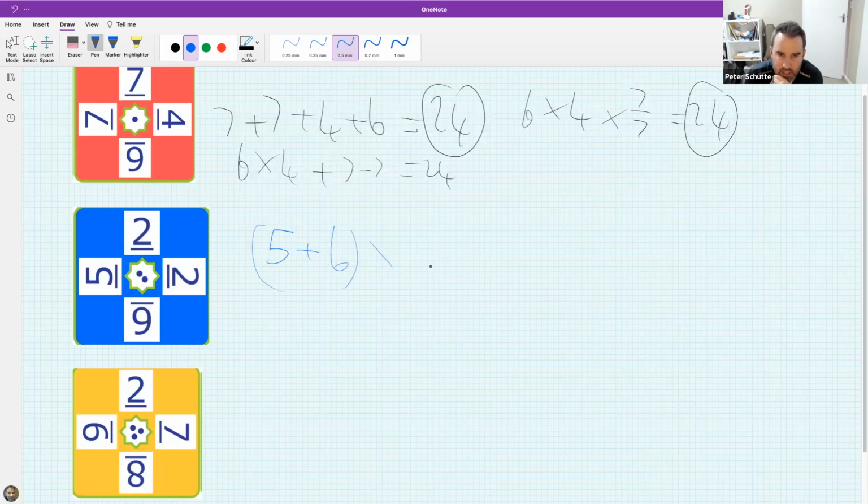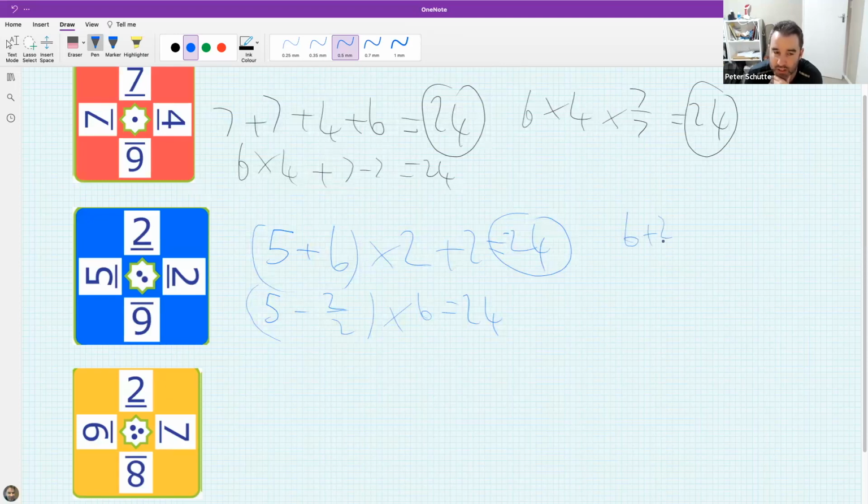Looks also to 5 minus 2 over 2, which is 5 minus 1, which is 4, times 6, which is 24. And Emmanuel has said, oh, there's lots of ways of doing this. 6 plus 2 is 8, and 5 minus 2 is 3, and so that would be 8 times 3, which is 24. Look at you guys, just bringing out solutions out of nowhere.